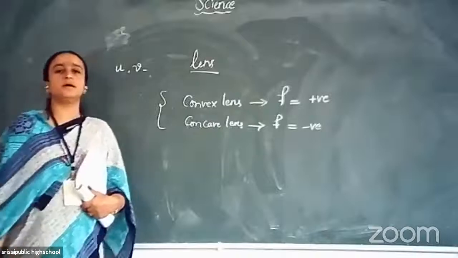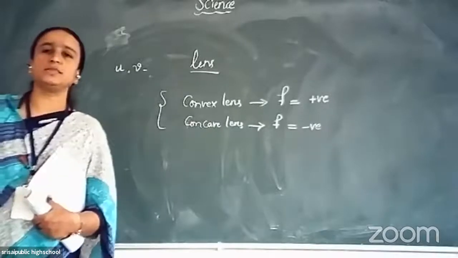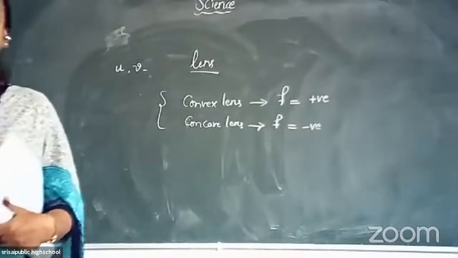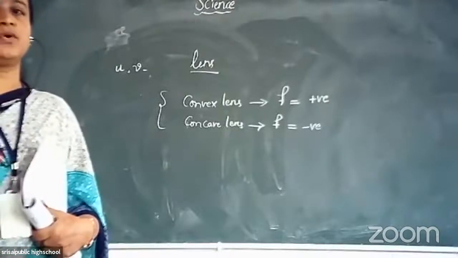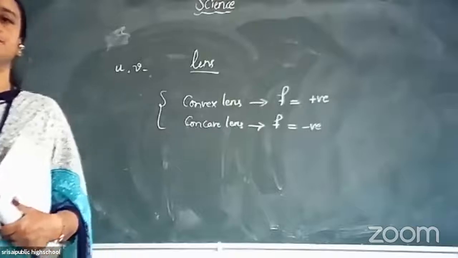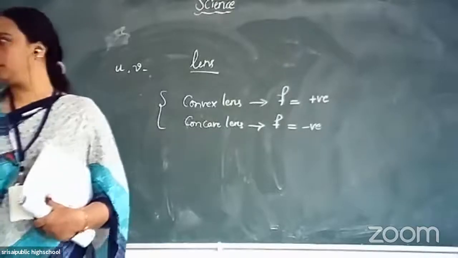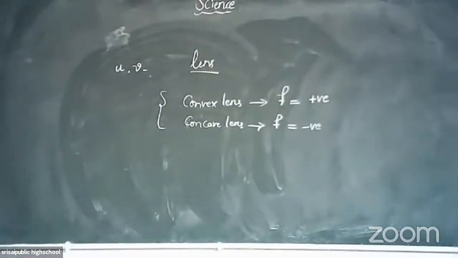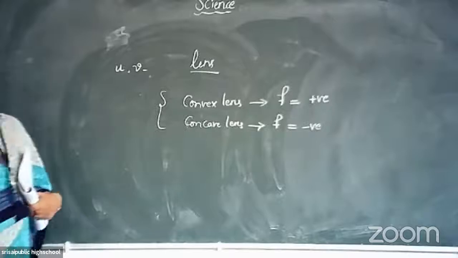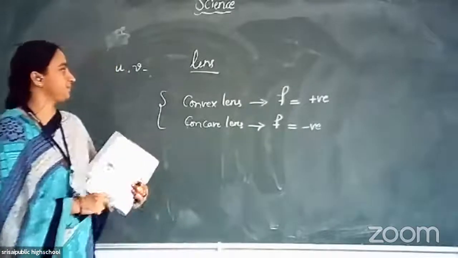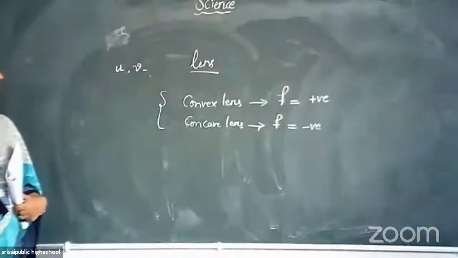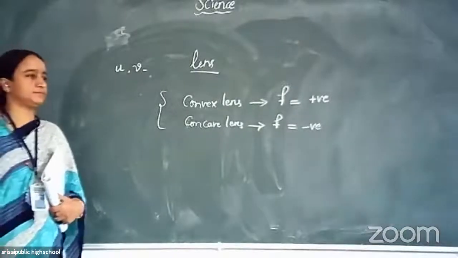What is the sign given to the focal length of a convex lens? Just see the board and answer.